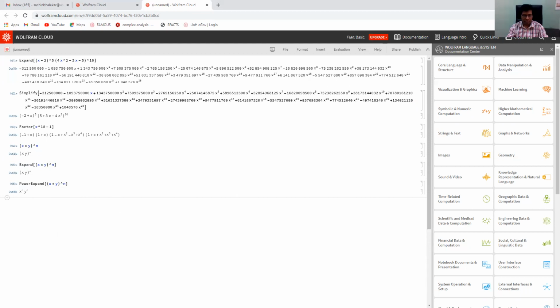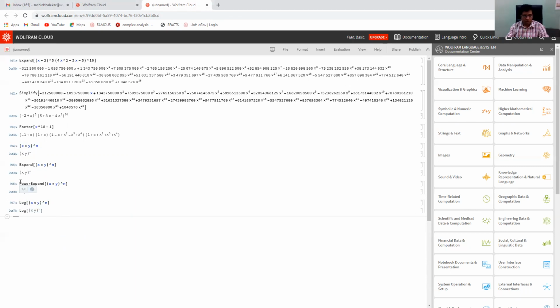Let us see one example. Let us consider the same term (xy) raised to n. If we are writing log of this (xy) raised to n, then we expect n into log x plus n into log y. But it is not given.